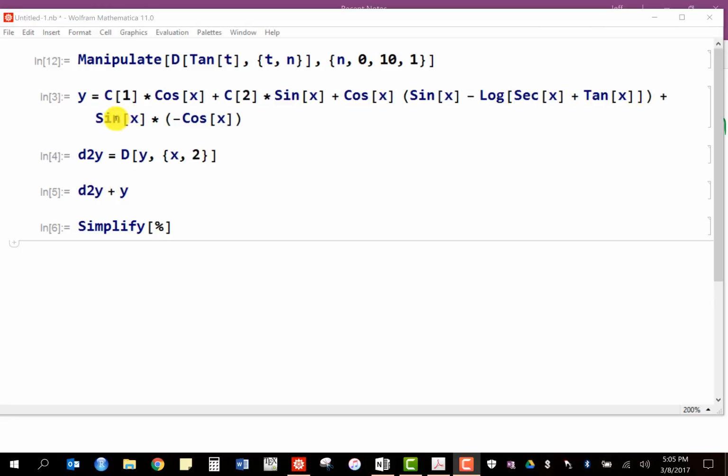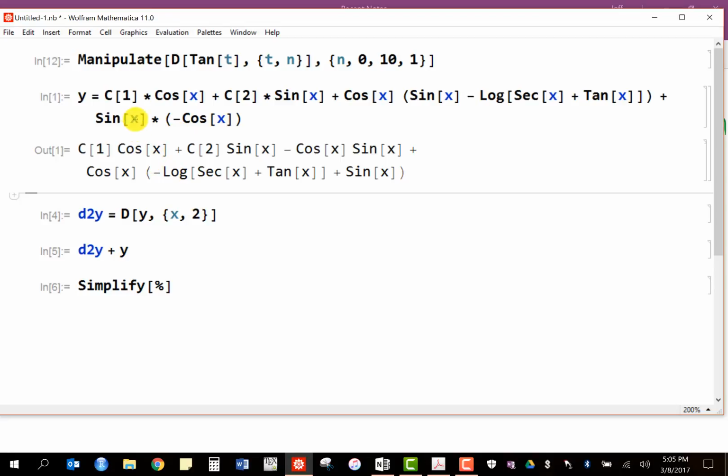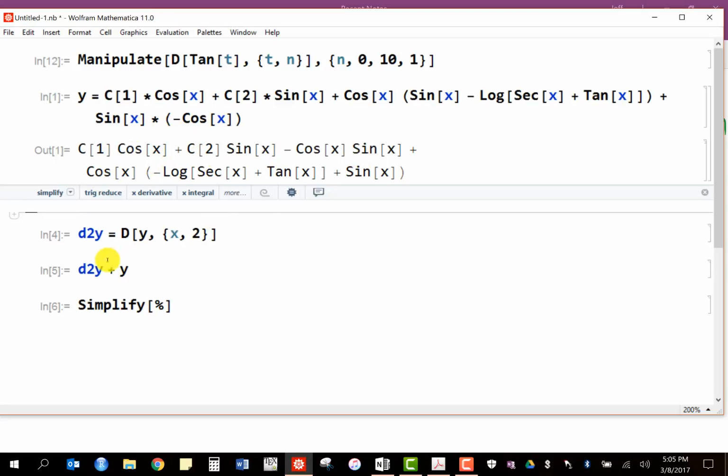Plus y2 times u2. Now, you may recognize here immediately that this term and this term are going to cancel. That's algebra. I'm actually going to leave it in just because I want to make sure that this does in fact work out. So I'm going to execute this command, which sets up my value of y. I don't need the first derivative, I only need the second derivative.